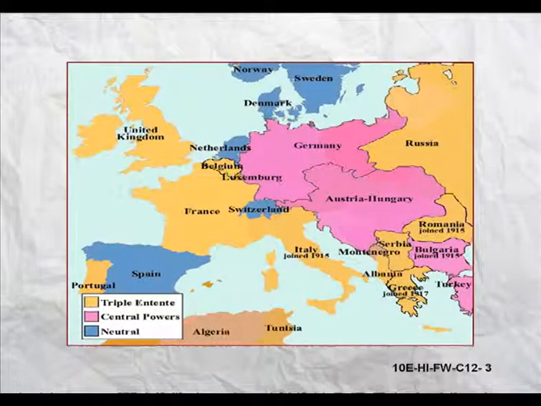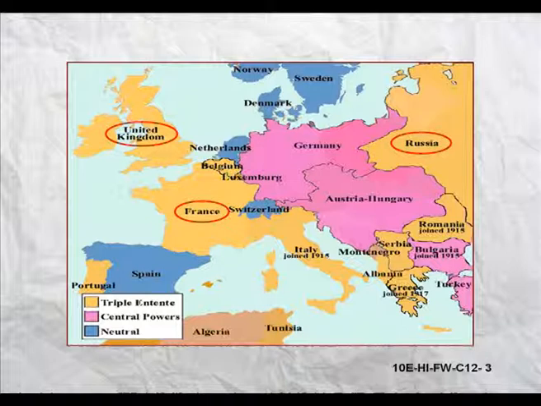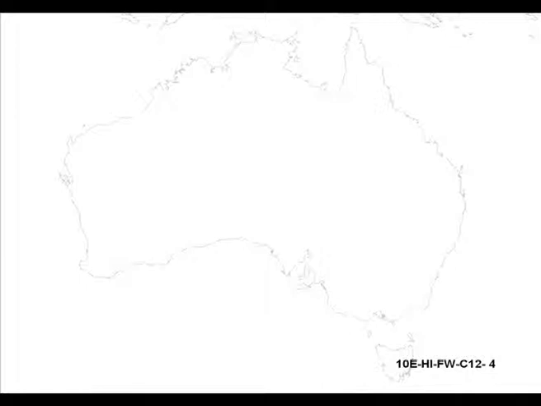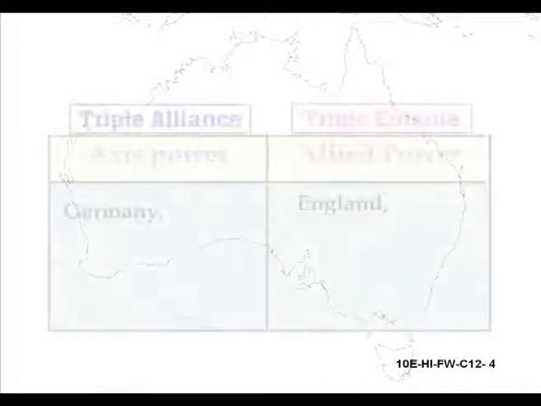Now, you are looking at a map of Europe. The countries that are circled in red belong to Triple Alliance and circled in blue belong to Triple Entente. In the course of time, some countries also joined either of the two groups.